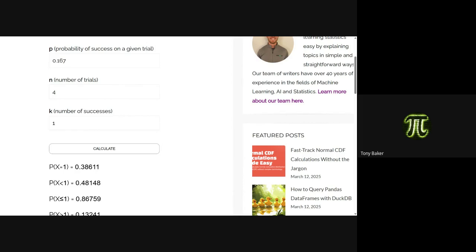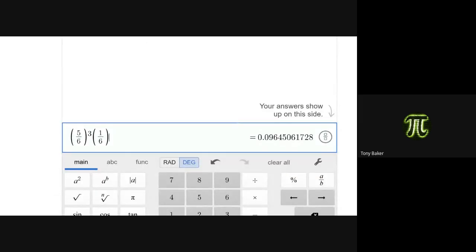It's multiplying. So you would get that if you multiplied it straight out, right? But that's not the answer we got. Because how many different ways can I get that 1/6 in there? I can get it 4 different times.